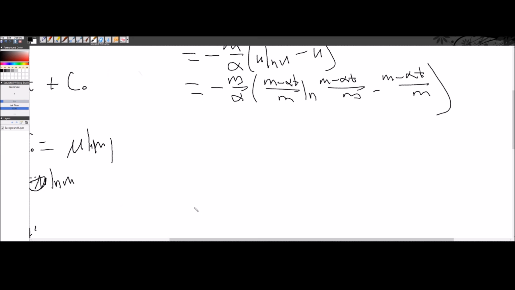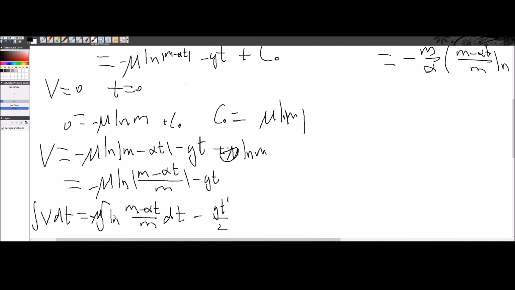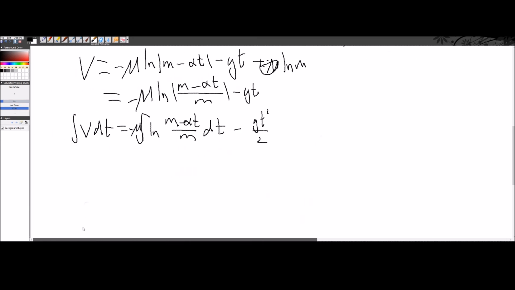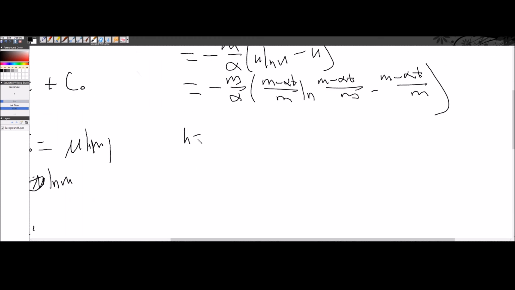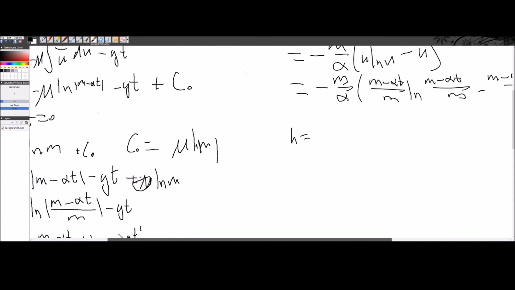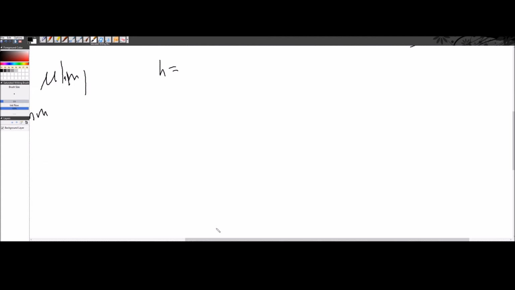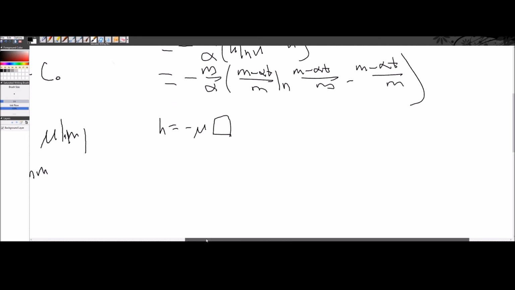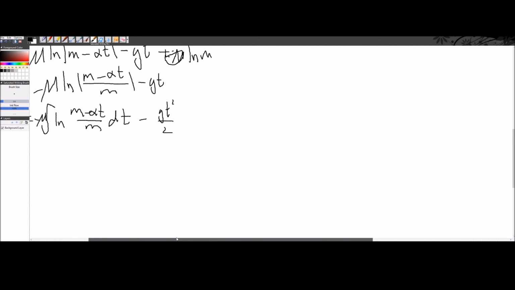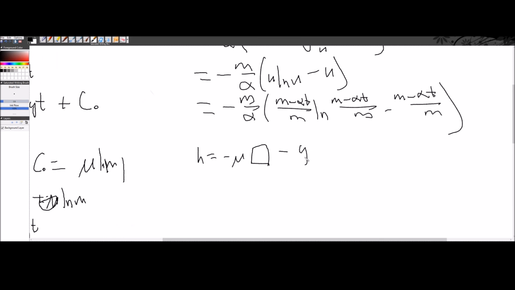Now if we want to plug it back into this equation, let's rewrite that here. H is equal to, I can't memorize it, negative mu, and the integral, I'm just going to signify the integral as a square because I really don't want to write that out again, minus gt squared over 2.